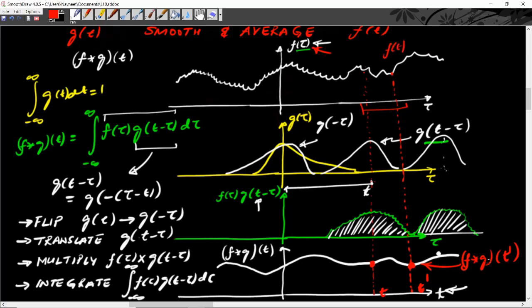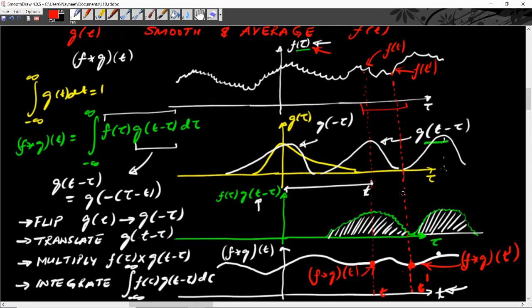if I look at the convolution, because I am taking the mean or weighted average of nearby points, it is more likely that the convolution of f and g at time t and t prime would be closer to each other than the values of the function at, let's say, time t and time t prime, because the value of f of t would influence the value of the convolution at time t prime, and vice versa.